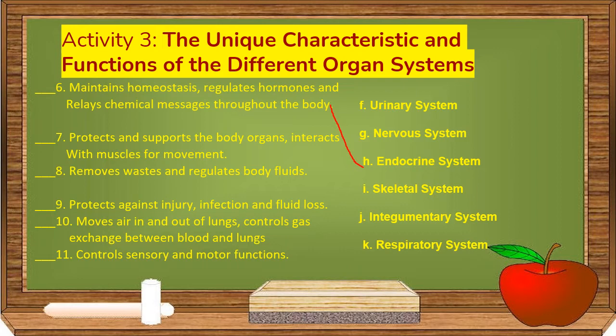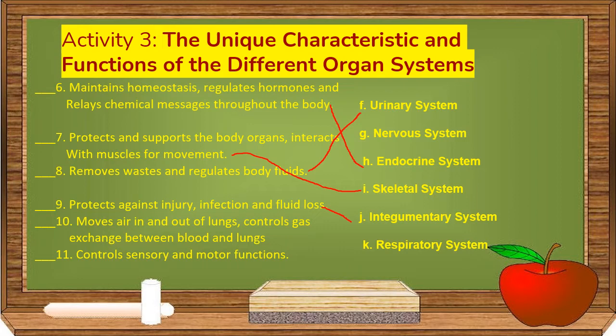Protects and supports the body organs, interacts with muscles for movement. It's skeletal system. And for number 8, removes waste and regulates body fluids. That is letter F, urinary system. And then for number 9, protects against injury, infection, and fluid loss. That is letter J, integumentary system.